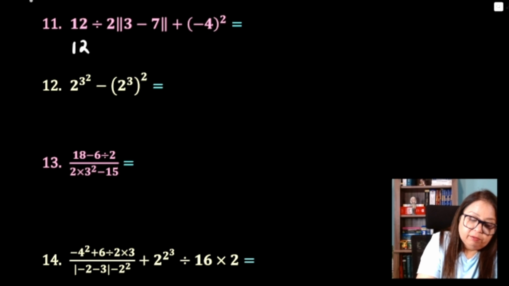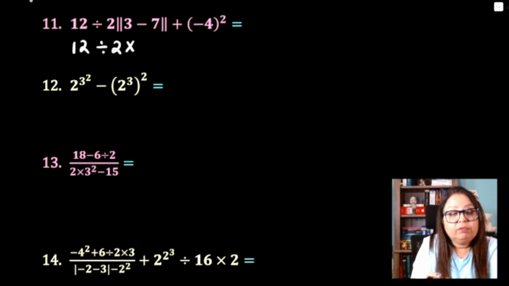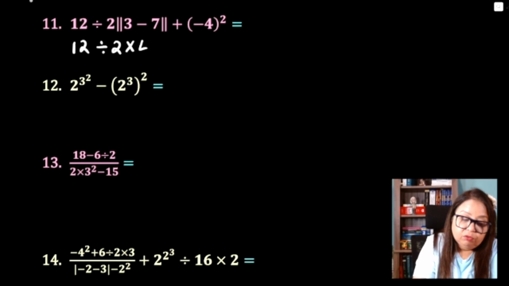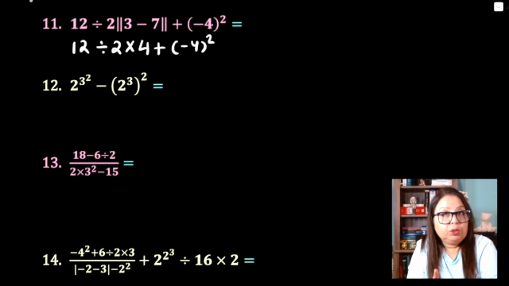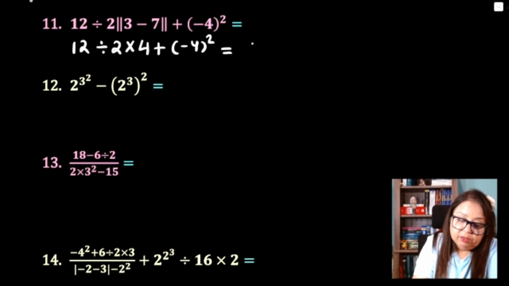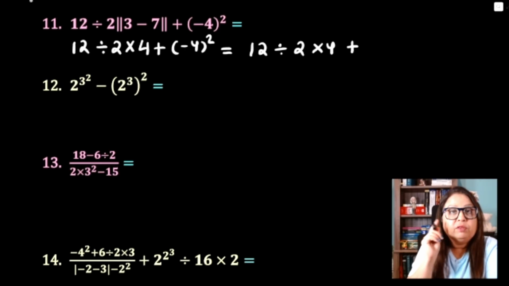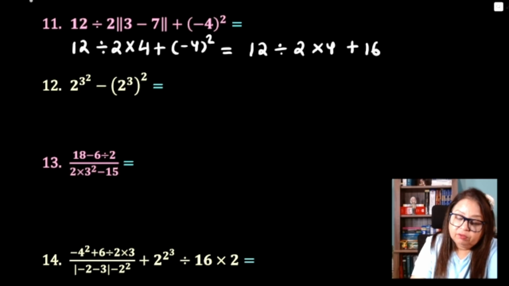We get 12 divided by 2 times the magnitude of 3 minus 7, that is equal to 4, plus minus 4 squared. Now the next thing that we're going to do is, of course, the exponent. So what do we get? 12 divided by 2 times 4 plus minus 4 squared, and that gives you 16.